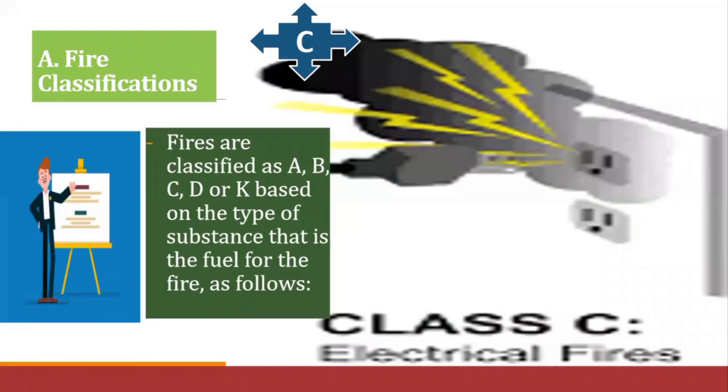Next fire classification is the Class C fire. When we say Class C fires, these are electrical fires. Electricity is more of a source of ignition than a fuel. However, fires in live electrical equipment are an additional hazard because they are hard to extinguish.